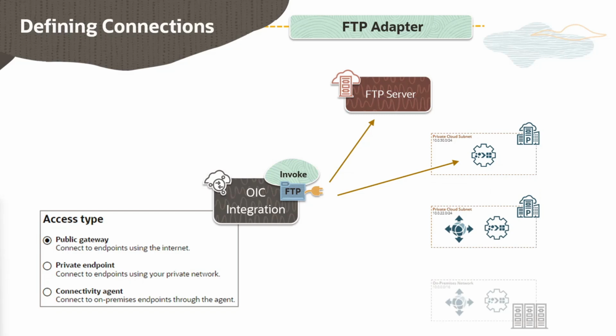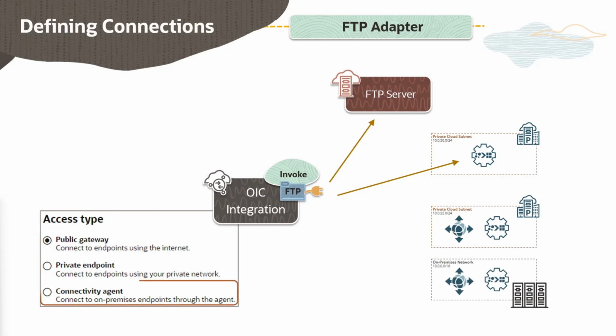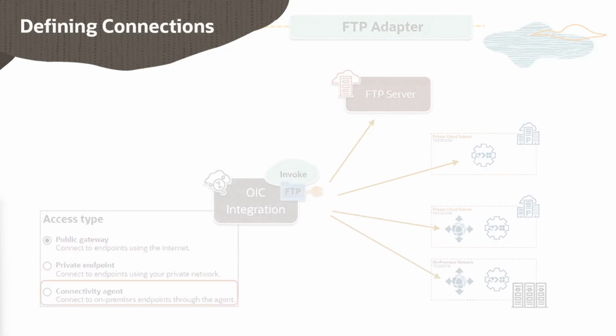Otherwise, the only other way to access a private FTP server, either in the cloud or on premises, is via an installed connectivity agent. In this case, you'd select that option, then indicate which agent group will be used.